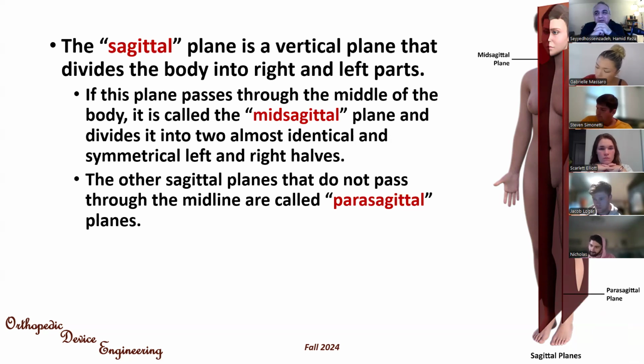Sagittal plane is a vertical plane that divides our body into two left and right parts. So it goes from front to back, anterior to posterior, and divides the body into two left and right parts. Since the human body is almost symmetrical in left and right part, almost symmetrical.